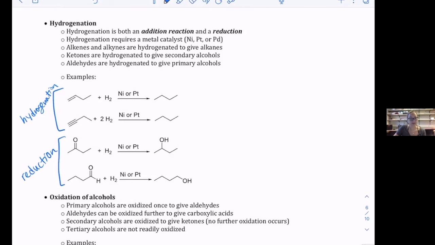My favorite's nickel, so just so you know. Alkenes and alkynes undergo a hydrogenation reaction with hydrogen and our catalyst in order to form alkanes. And then ketones and aldehydes will do reduction reactions to give the corresponding alcohol out of the reaction.